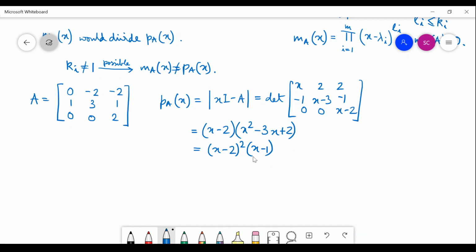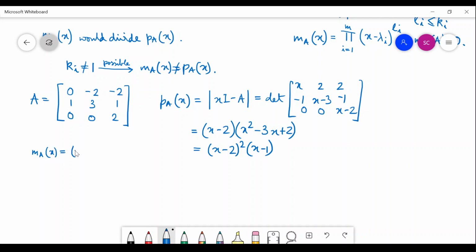So now you can see that in this characteristic polynomial, one of the factors has a power of 2. So there is a possibility that there is a minimal polynomial other than the characteristic polynomial, but it can also be the same as the characteristic polynomial. So what are the possibilities of the minimal polynomial?